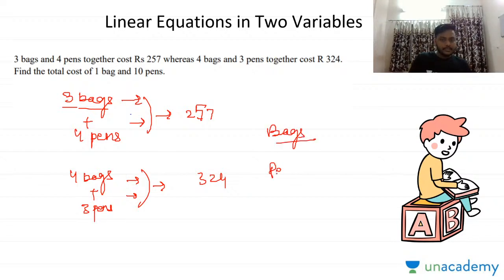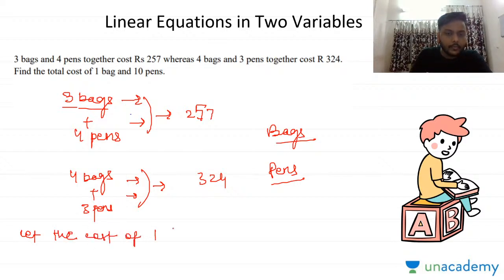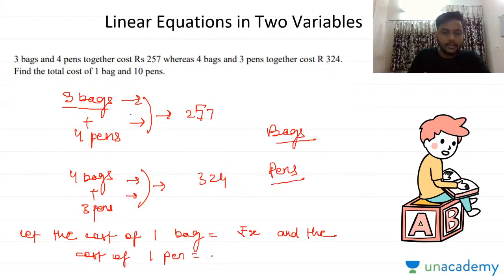I'm talking about pens. Okay, so what I will do, I will write a statement that let the cost of one bag equal rupees X and the cost of one pen equal rupees Y. Am I clear?